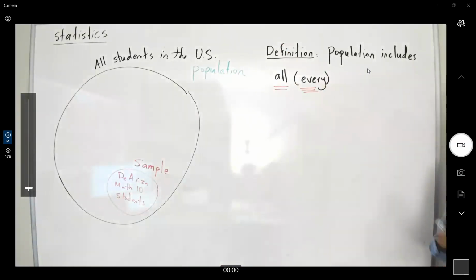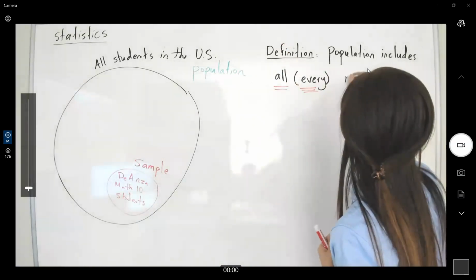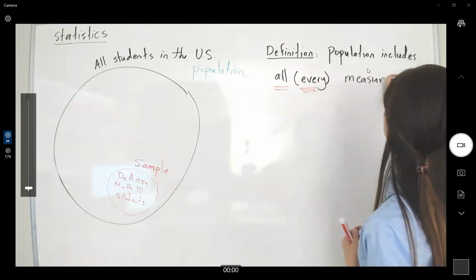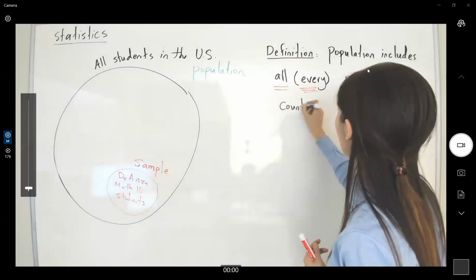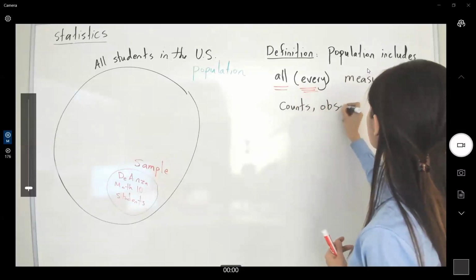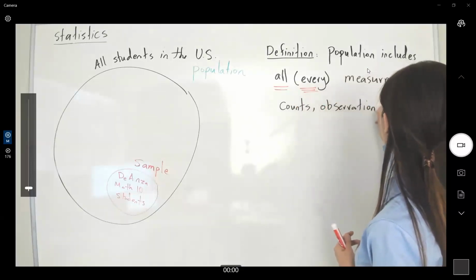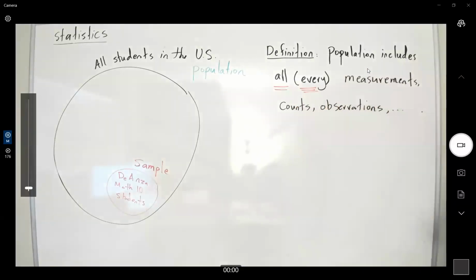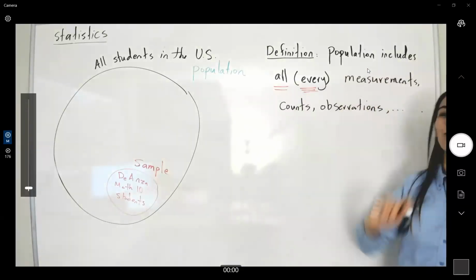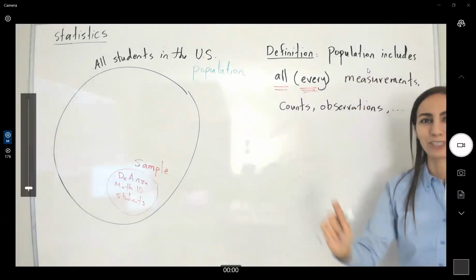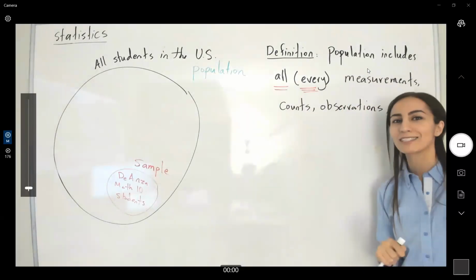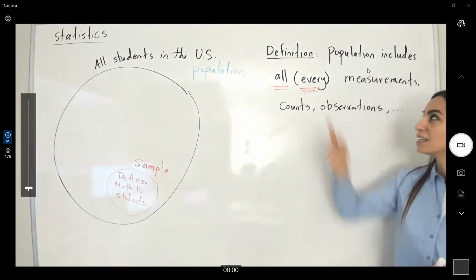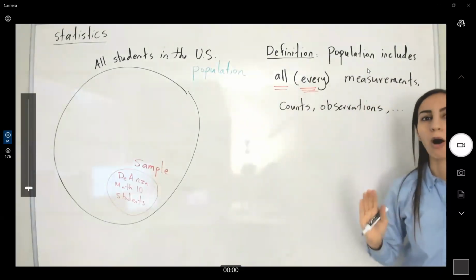Every count, measurement, observation, and so on. Again, keywords: all, every. Sometimes they are hidden, sometimes you can just spot them in the question. This is the definition of population.